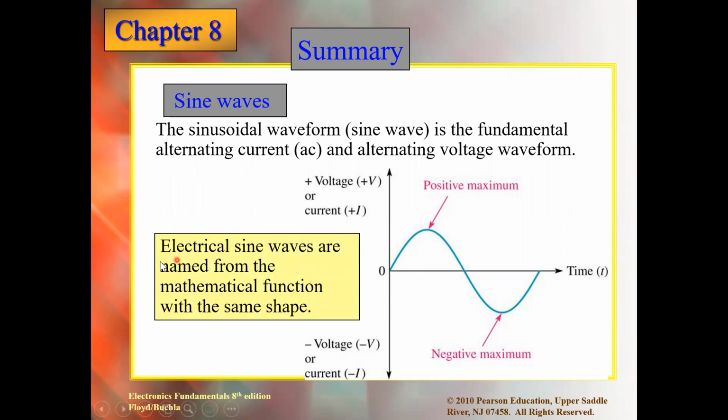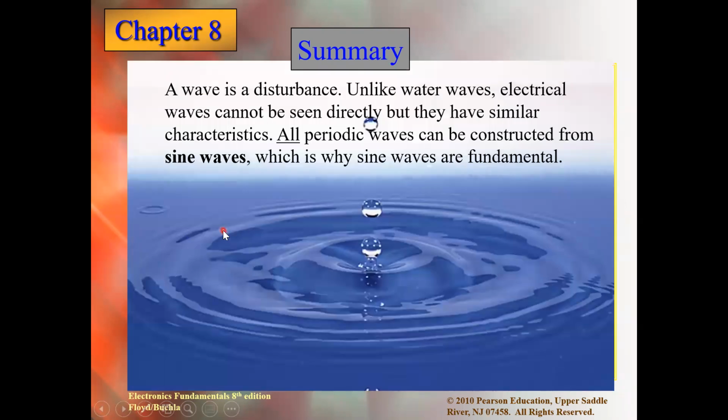Electrical sine waves are named after the mathematical function with the same shape. The shape is sine, so the electrical wave is named sinusoidal wave. Like the waves you may have observed when you throw a stone into the water, wavelets are generated.